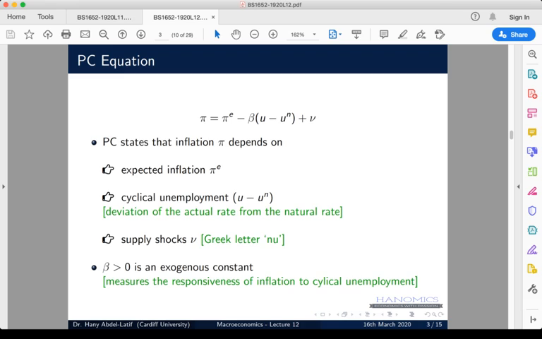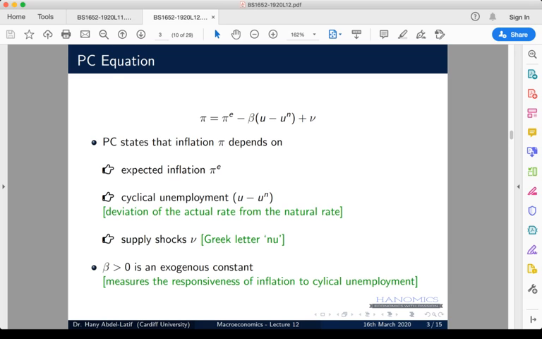What it tells us is that the inflation rate, pi, depends on expected inflation. So now we have expectations, remember? We said it's important to consider expectations when you discuss the Phillips curve, which we call the expectation-augmented Phillips curve, or the modified Phillips curve.